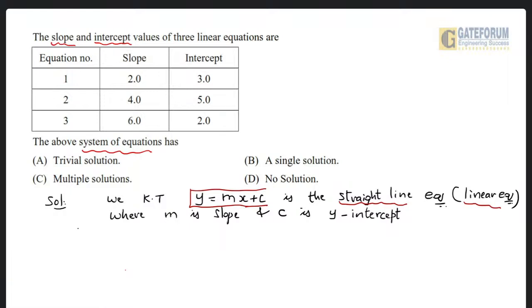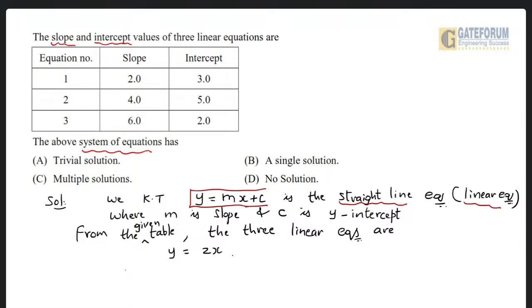Therefore, from the given table, the three linear equations are y is equal to 2.0, I can write 2x, 3.0 means plus 3.